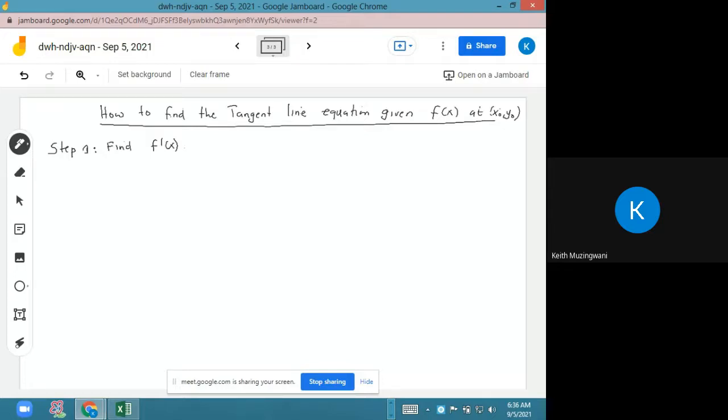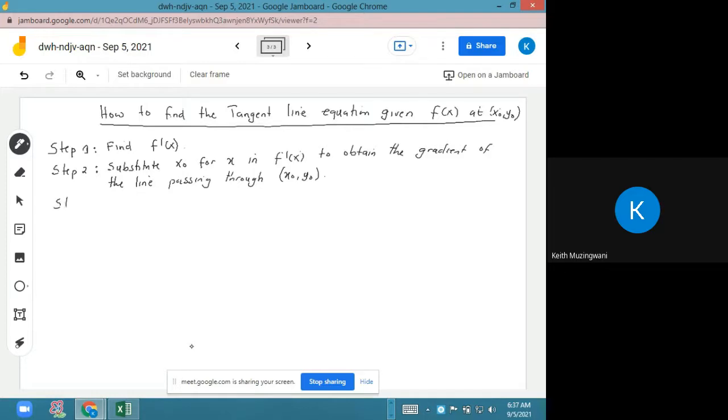After I find that derivative, step 2: you substitute x naught for x in f prime of x to obtain the gradient of the line passing through (x naught, y naught).